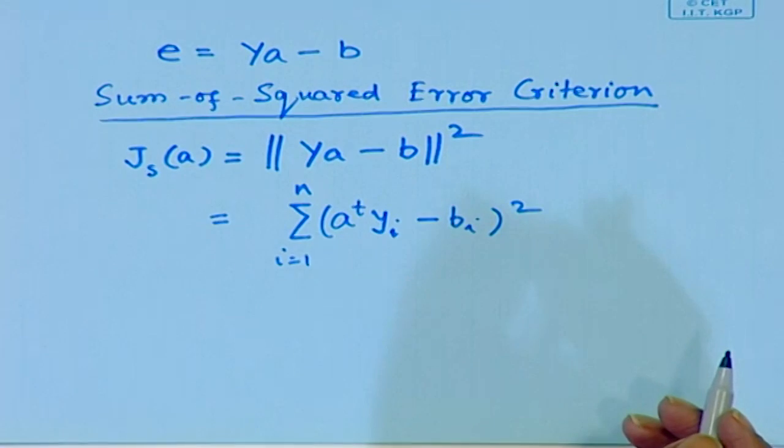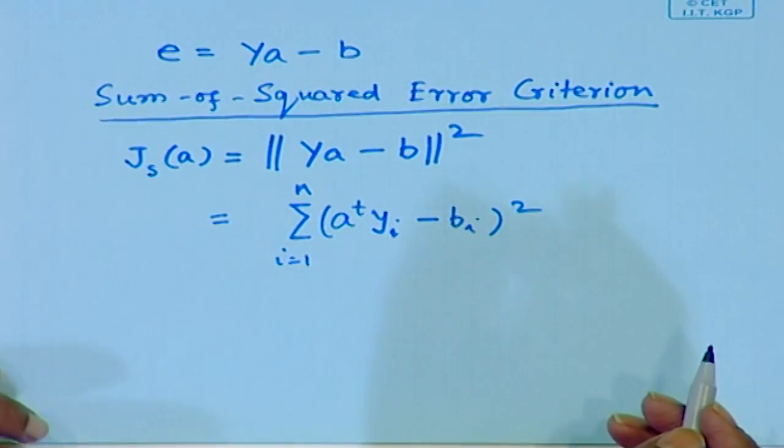One of the approaches is obviously the gradient descent approach. You start with an initial weight vector, then go on updating it.